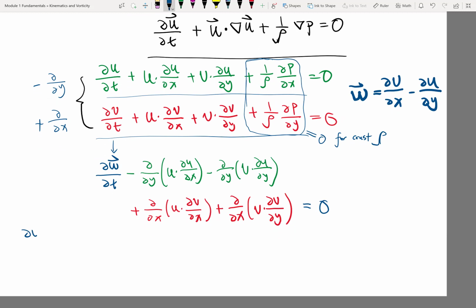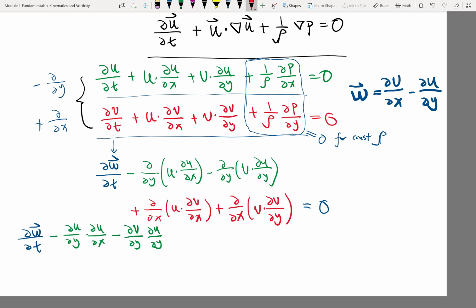So let's first carry out d omega/dt, right? And let's just write out the first part. The first part is du/dy du/dx minus dv/dy du/dy, right?